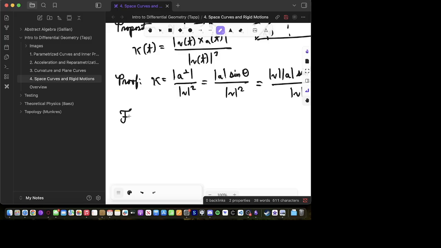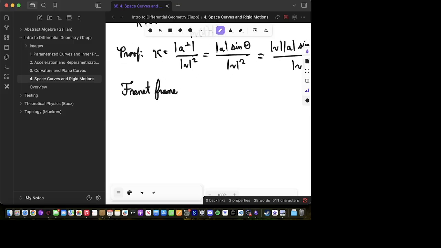So now we can define, I believe it's called the Frenet frame. Correct me if I'm wrong. I learned this from a book, so I might be messing up the pronunciation, but it is simply the basis comprised of the unit tangent, the unit normal, and what is called the unit binormal, which is the b.